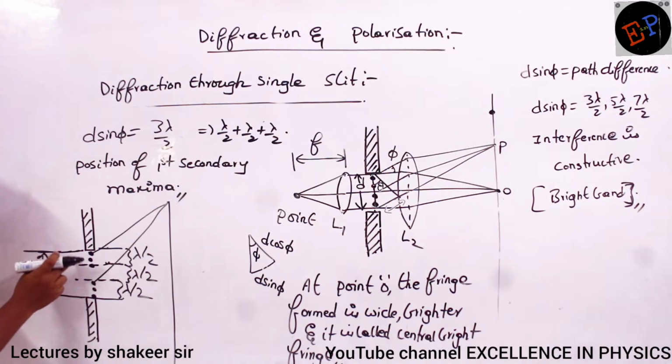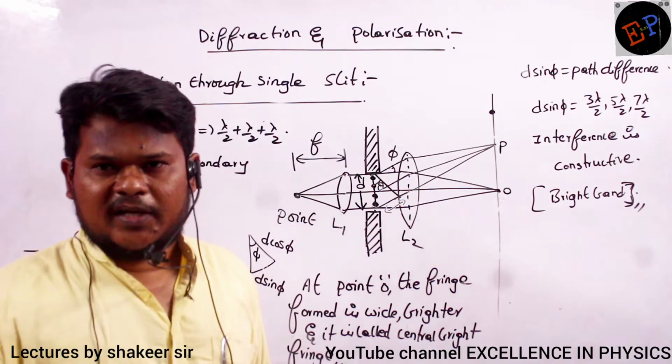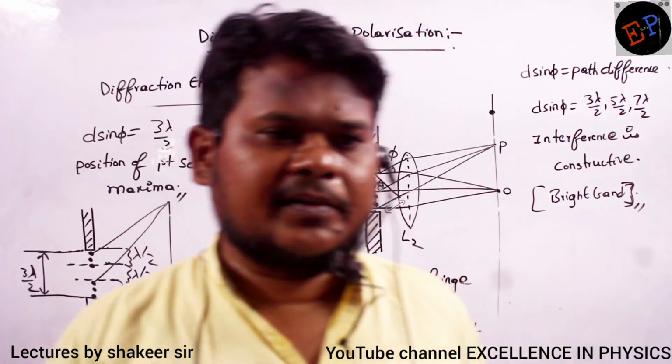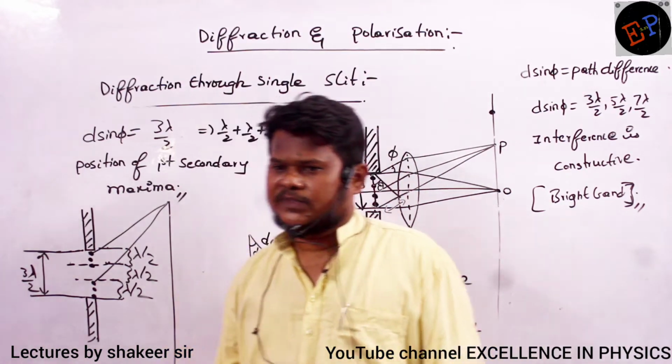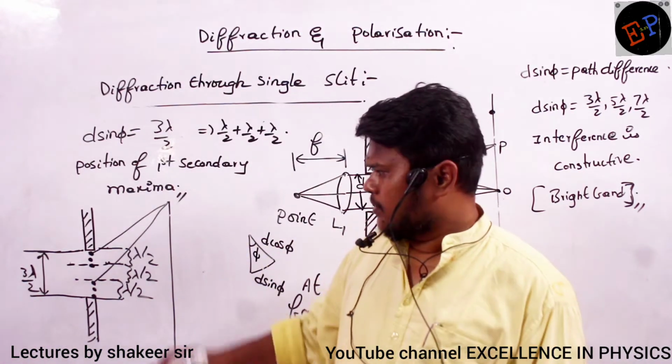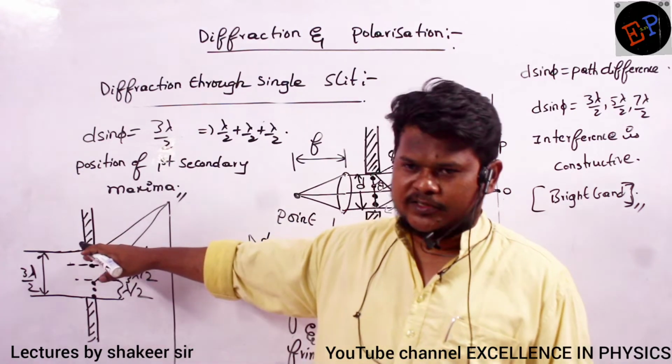It means out of, for example, 3 spaces or 3 gaps, 2 gaps are interfering constructively, 1 is interfering destructively. So finally it will be a dark band or bright band? Definitely a bright band. Clear? I have split the gap into 3 regions.